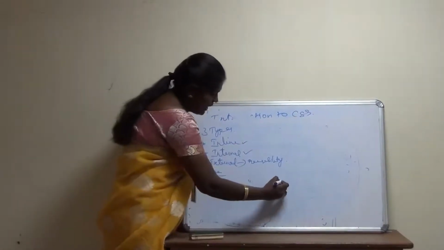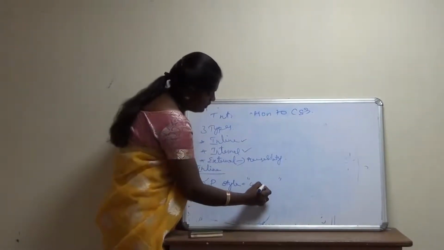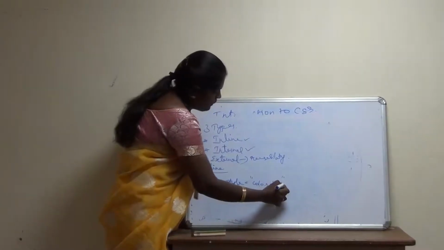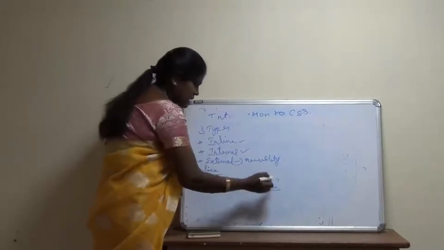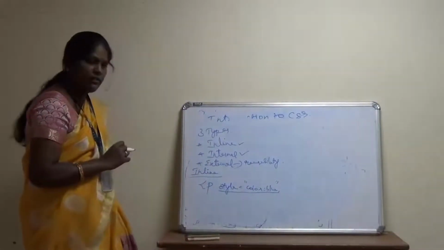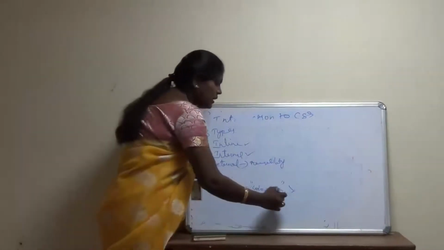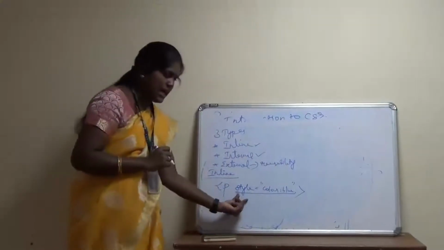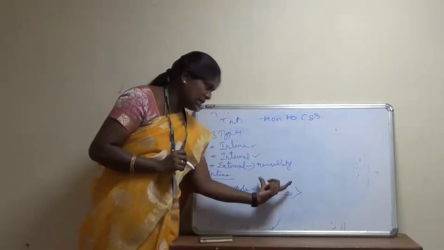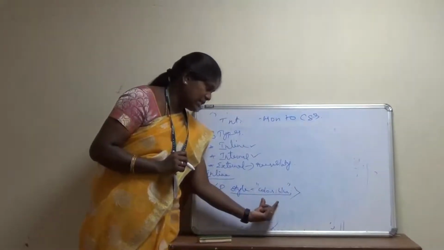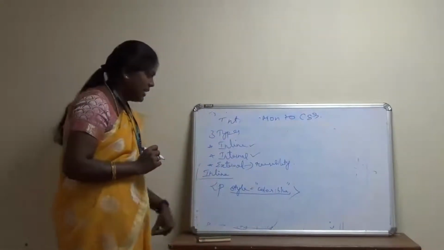This attribute will have a value, color, blue. So where we represent the rule in our CSS that will be added as an attribute value in our inline style sheet. For that style, we are using a value, color as blue, within double quotes. Okay, so this is called the inline style sheet.